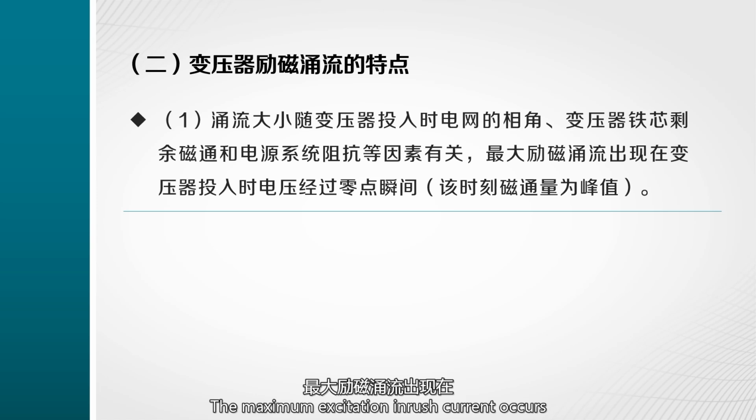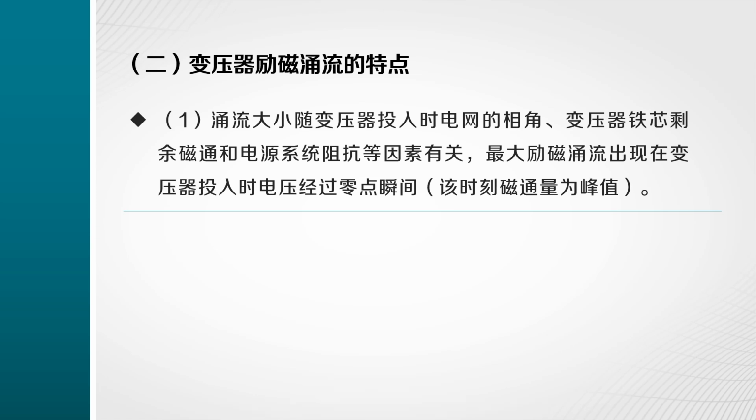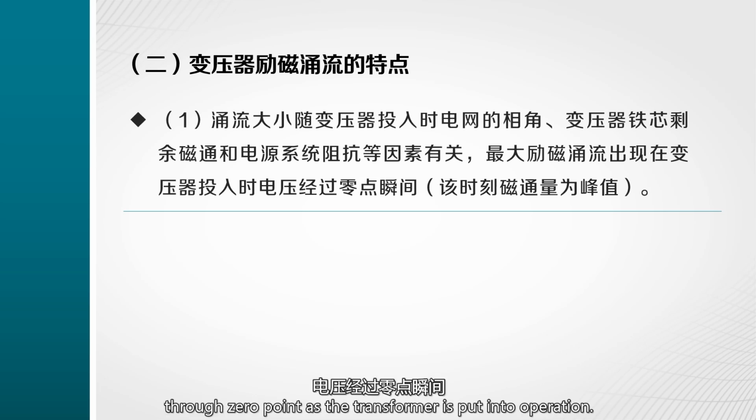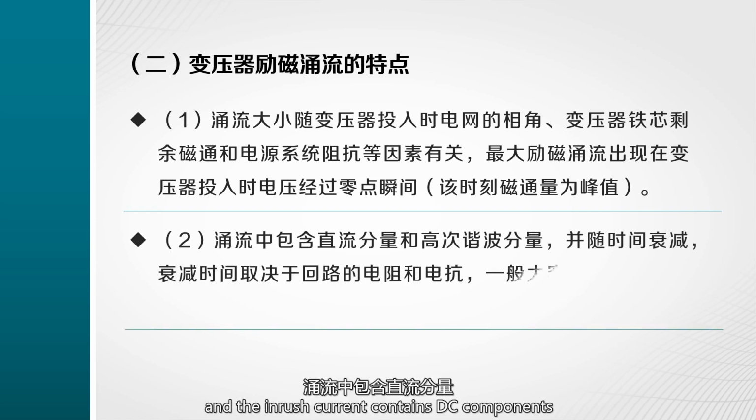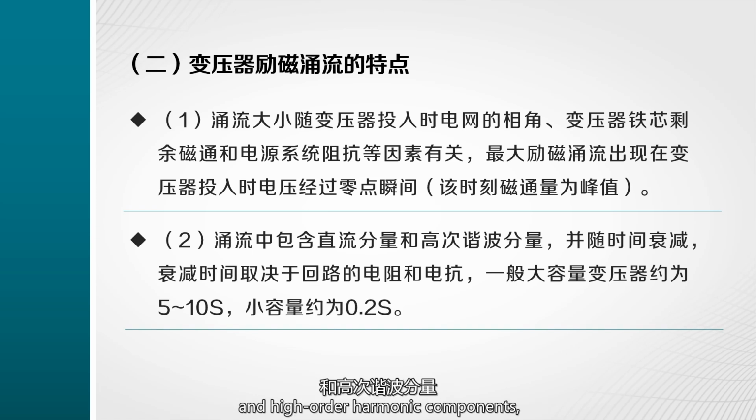The maximum excitation inrush current occurs at the moment when the voltage passes through 0 point as the transformer is put into operation. At this moment, the magnetic flux is at its peak, and the inrush current contains DC components and high-order harmonic components, which decay over time.